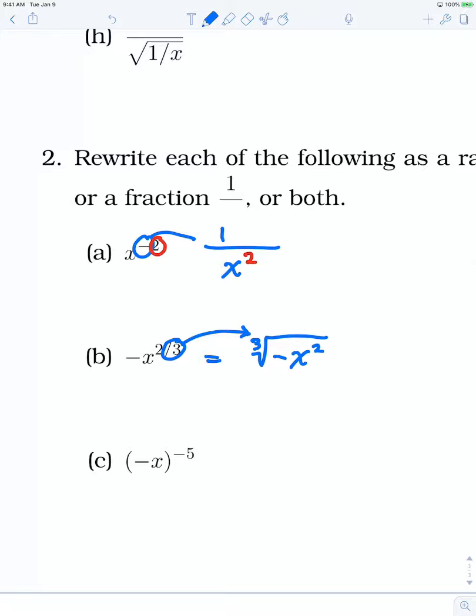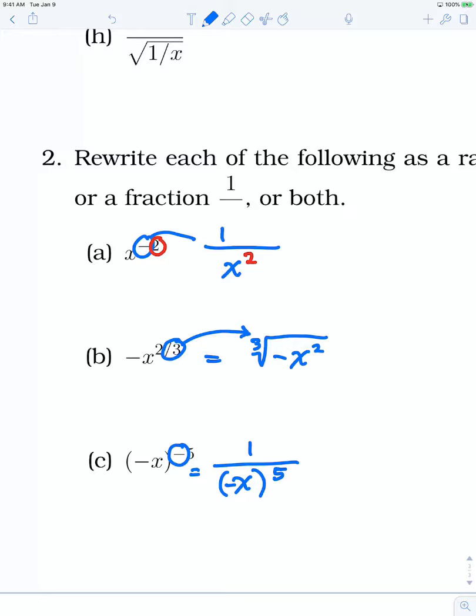Part C, there is something I can do with the negative. It's not the main idea in this. The main idea is the negative that's part of the 5, and because of that, this should be 1 over negative x to the 5. Now, if I don't like that negative inside the parentheses of the x to the 5th, I can change that, because if you multiply a negative by itself 5 times, you can figure out what's going to happen. 2 negatives multiplied cancel, 3 negatives comes out negative, 4 negatives would cancel again, and 5 negatives would come out negative.